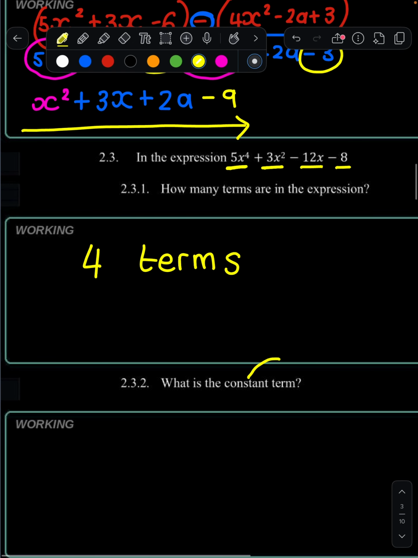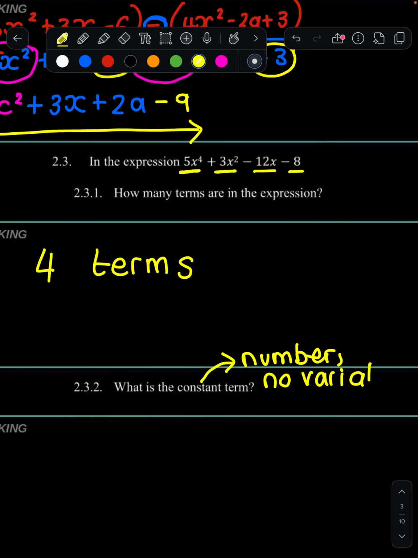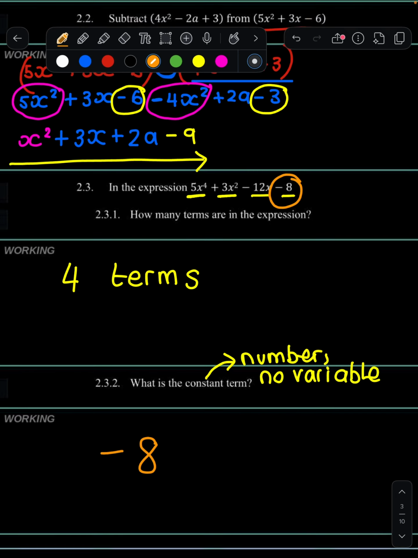Constant just means a number with no variable. So no x's, no y's, no a's. And so our constant term here is obviously this minus 8. Make sure you include the sign in front.